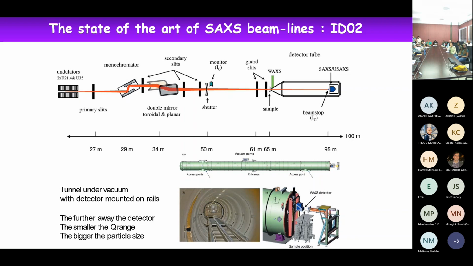So you can move 30 meters away from the sample. And you can imagine, if you could try to put this setup in this room, it would not be possible. This room is less than 30 meters long. And so this tunnel here is 30 meters long, very, very long setup, very impressive.